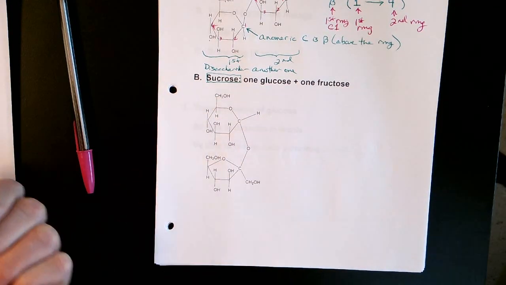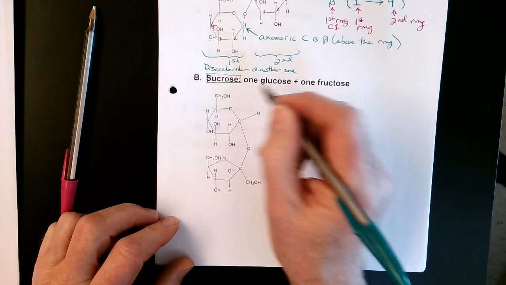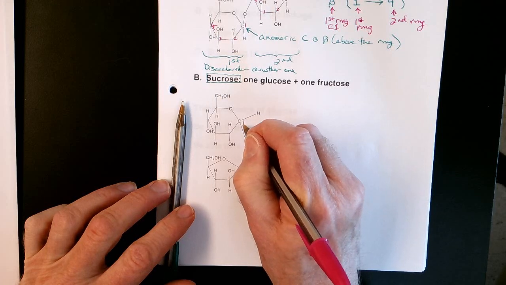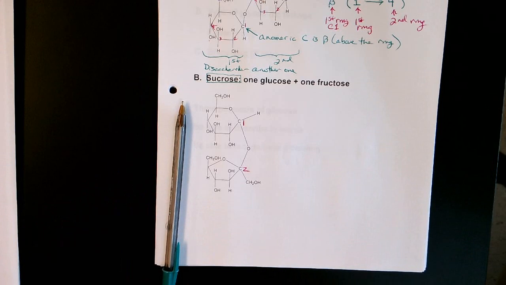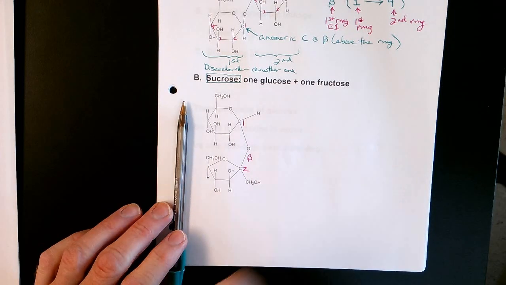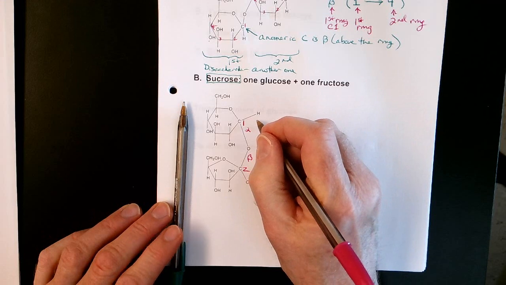Okay, so let's finish this up, this last ring. So again, we're looking at carbon number, and in this case this is number 1, but heads up, this is number 2 on the bottom ring, because you're looking at a 5-membered ring. This one is beta because it points up, and this one is alpha because it points down.